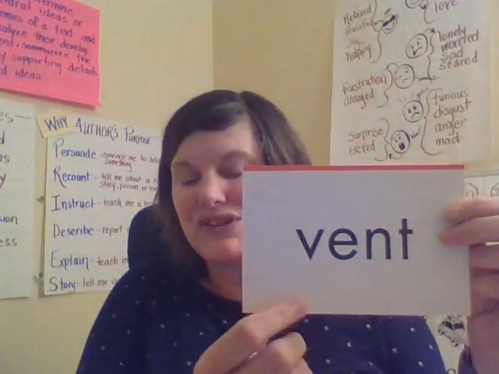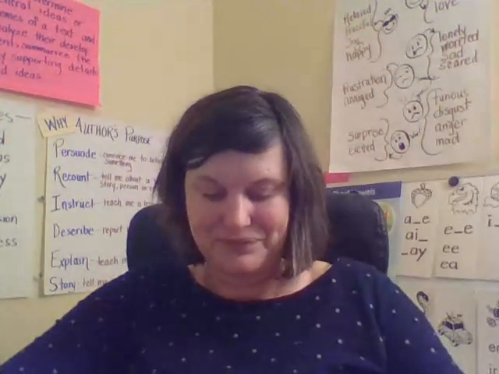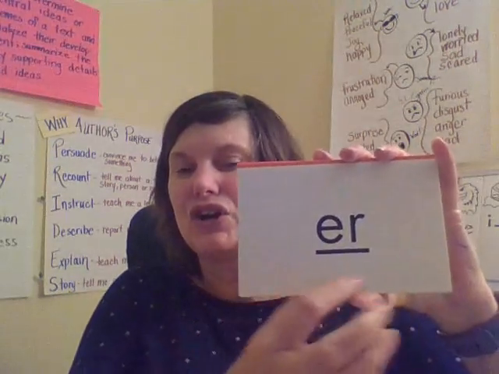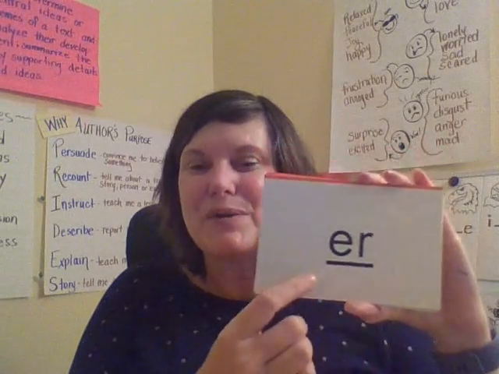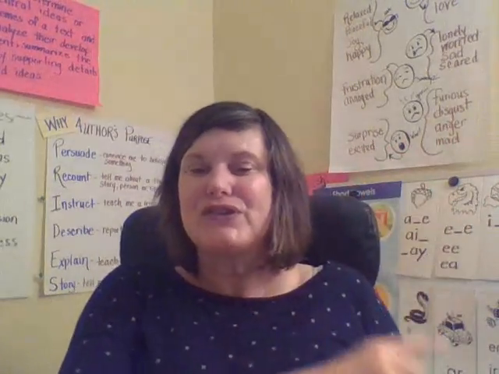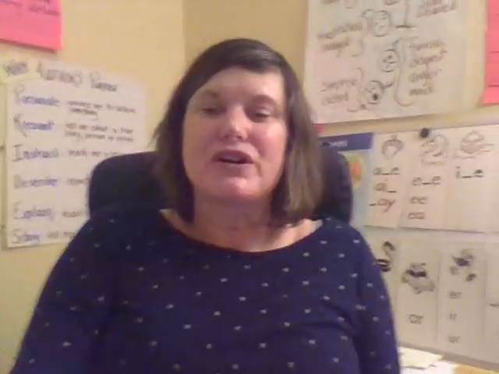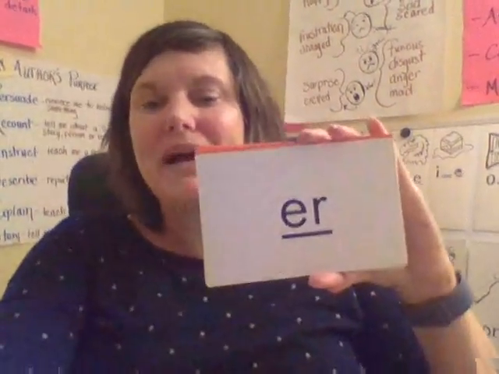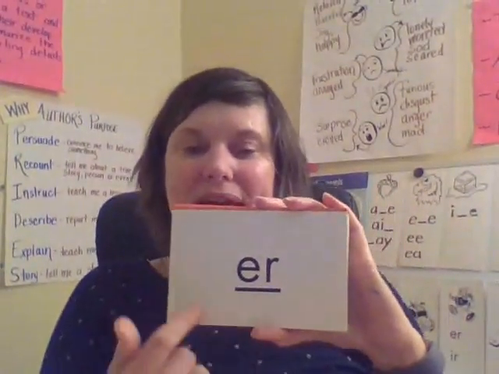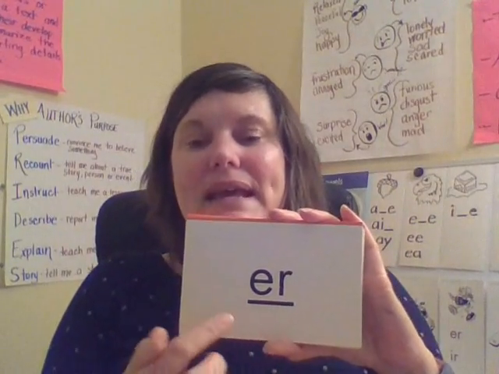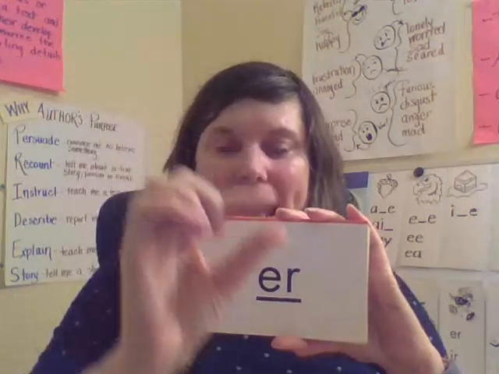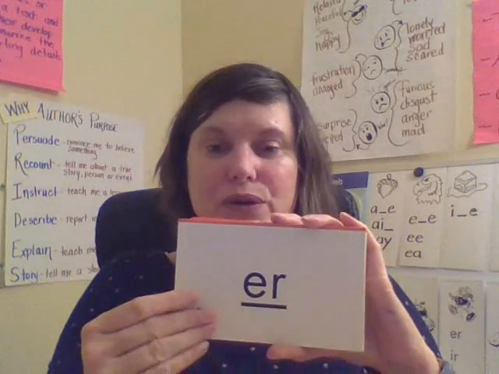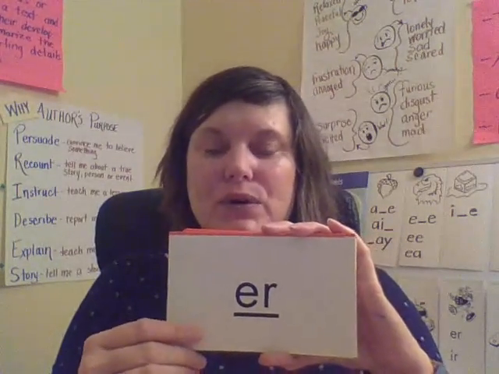Together, vent. Your turn. Together, your turn. Remember, this we also practice, it's an R-controlled vowel, but in this case, when we're looking at it as a sight syllable, it is a suffix, which is a part that we add to the end of a base word, and it changes the meaning of the word.